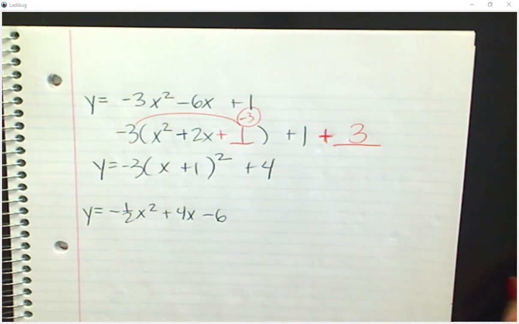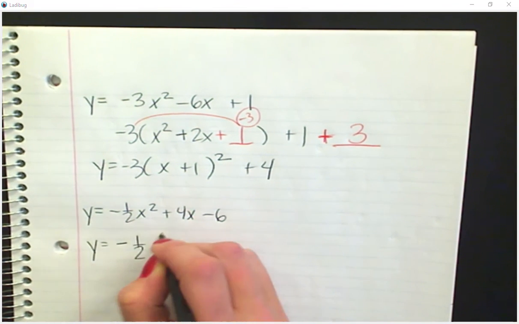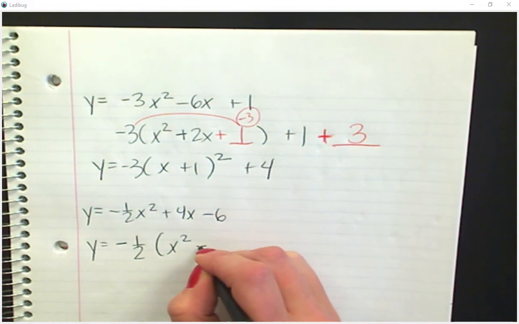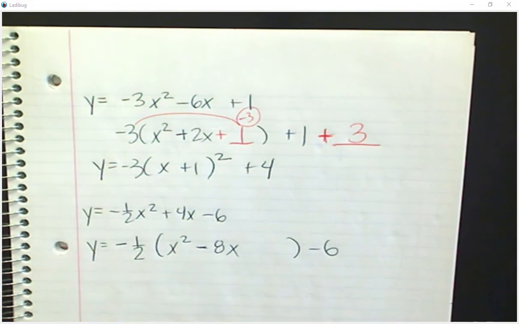Okay, I'm going to set up this first one here. When you divide this -1/2 out, you're going to get a -8. Okay, redistribute for me. Does this line equal this line? Yeah.